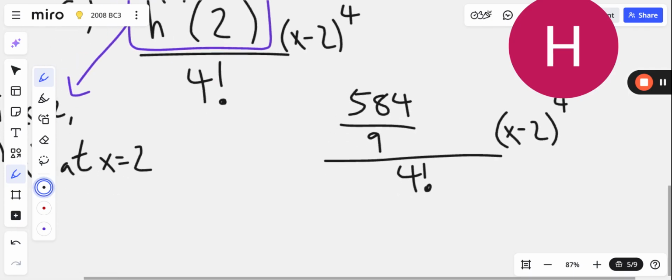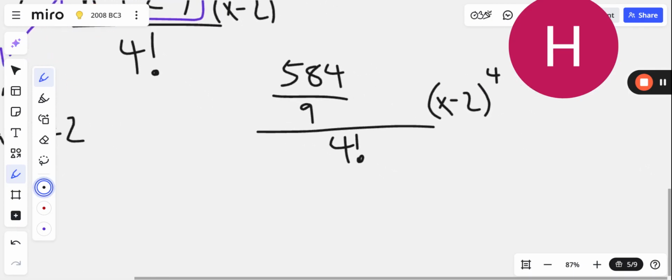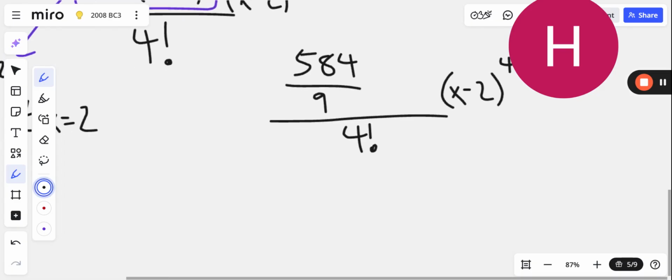That's going to be the fourth term. So if we're plugging in x equals 1.9, that means we're going to have 584 over, what is this? I'm just going to put 3 cubed times 2 cubed. That's pretty much what that is.